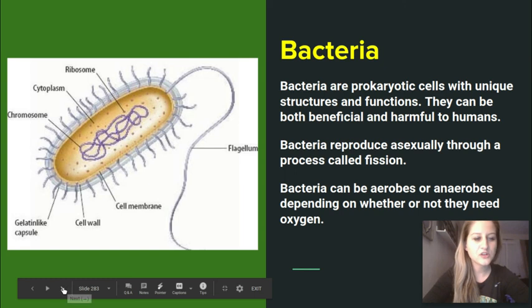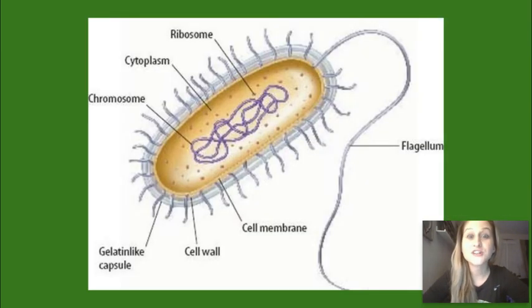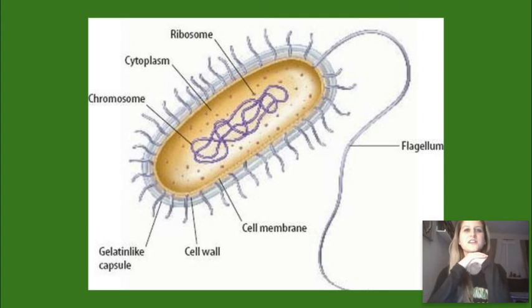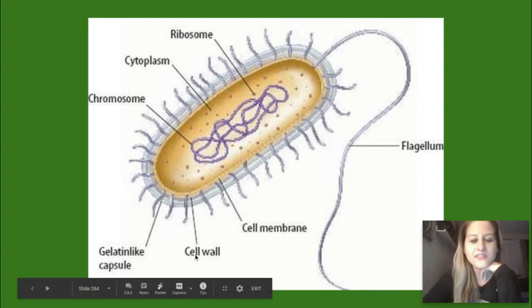Now, let's look more closely at our bacteria cell. If you take a moment to look at this bacteria cell, you'll notice that there are some similarities to cells that we've already gone over, and then there are a few big differences too. So a couple similarities that you've probably noticed are the cell wall and the cell membrane.